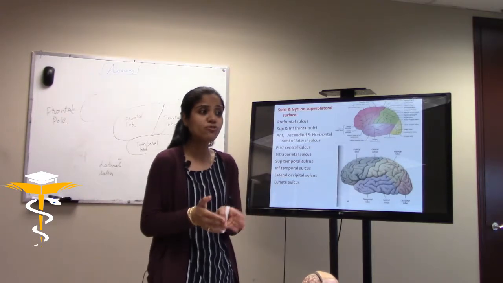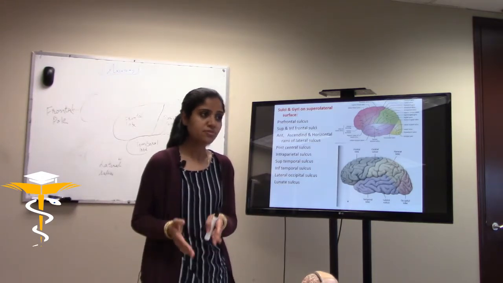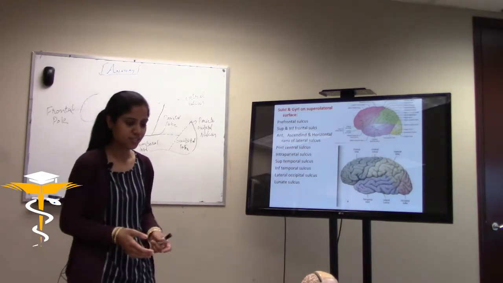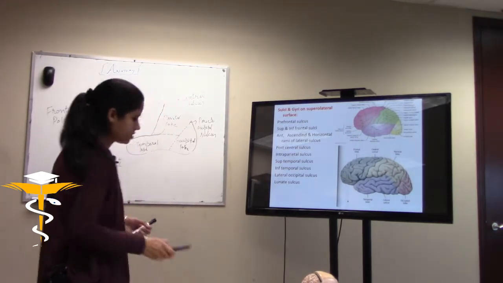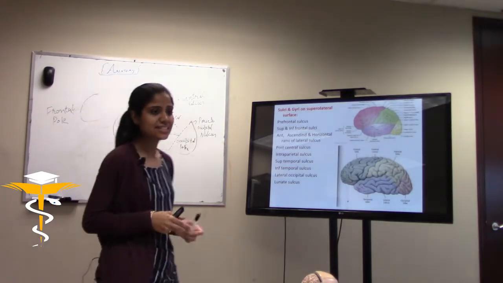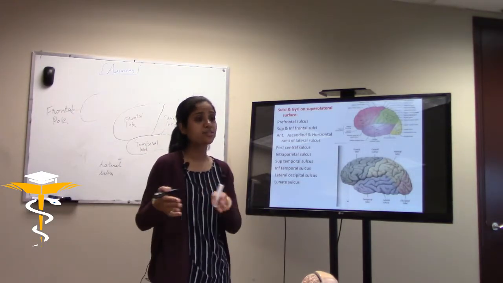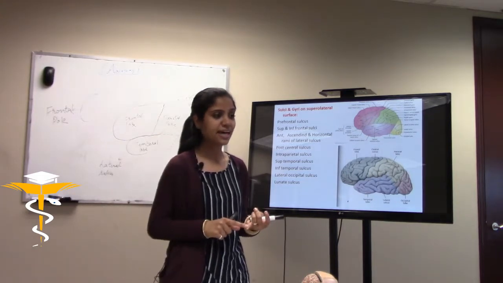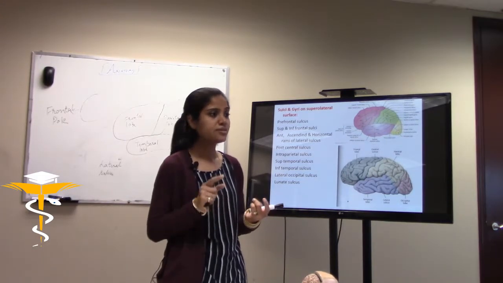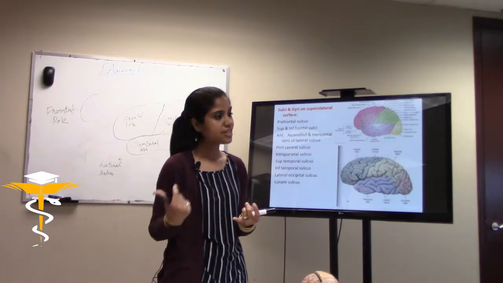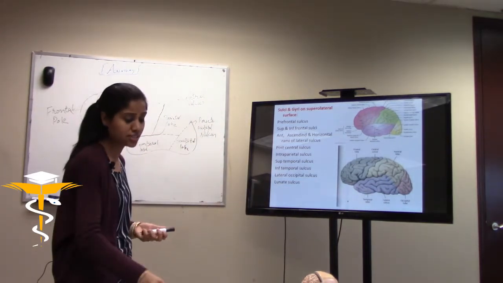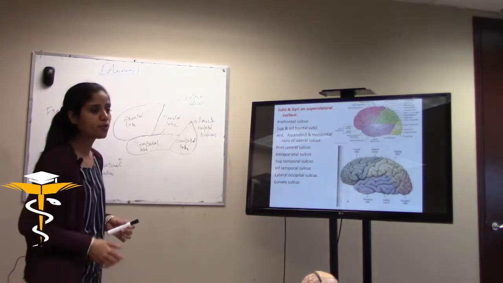It has its own function to perform. So now we will be discussing other sulci and gyri of the cerebrum, right? We will be discussing these sulci and gyri according to the lobes. So first we will be discussing the sulci and gyri of the frontal lobe, then of the parietal lobe, then we will move on to the occipital lobe, and then afterwards we will do the sulci and gyri of the temporal lobe.